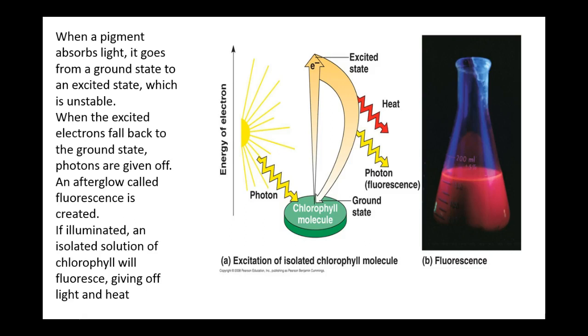We can actually see the reaction visually in the fluorescence that's happening. And you have a nice graphic here: a photon coming into your chlorophyll molecule, exciting that electron, and then as that electron falls back down, you have heat and a photon given off. Photon in the form of fluorescence.